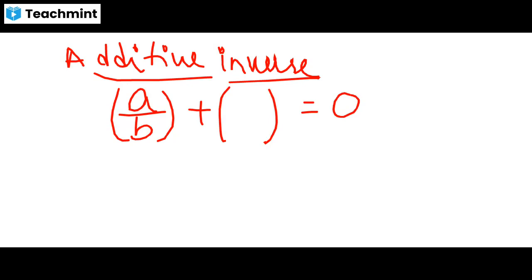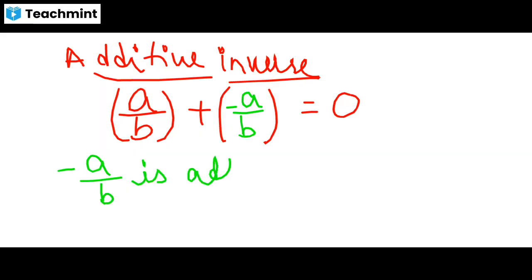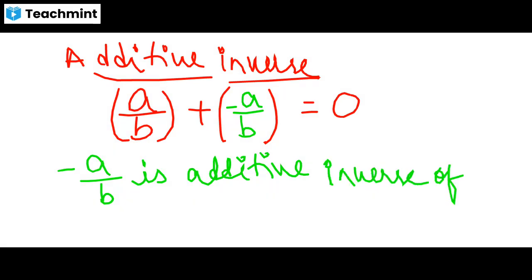Minus a by b. Yes, minus a by b you should add to get 0. So we say minus a by b is the additive inverse of a by b.